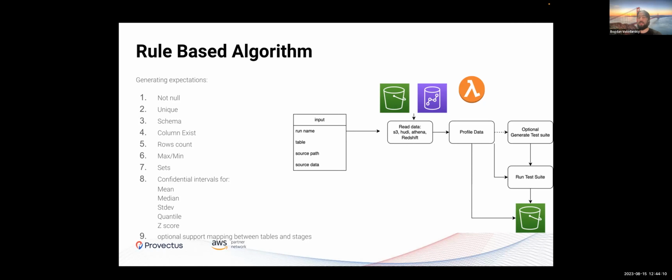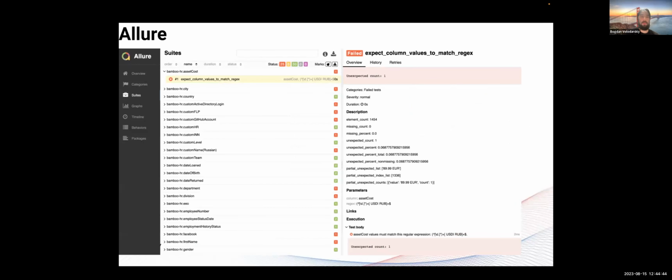Some checks for duplicates, schema checking, column existence, row counts, column counts, max and min values, sets of values, and our last implementation, some statistical tests such as confidence intervals for mean, median, standard deviation, quantile, and z-score. Also, as I said before, this rule-based algorithm supports a mapping mechanism that you could use for ETL testing.